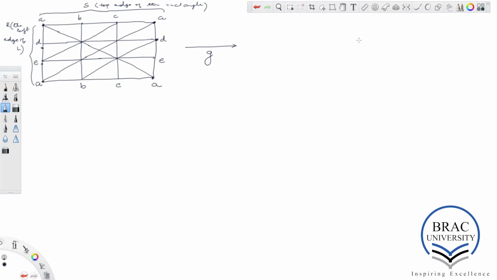Let me draw this two torus. This is the two torus that we have, and here is a circle. And here is another circle.